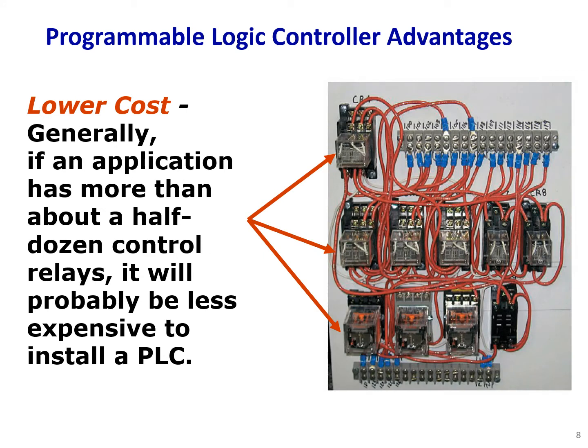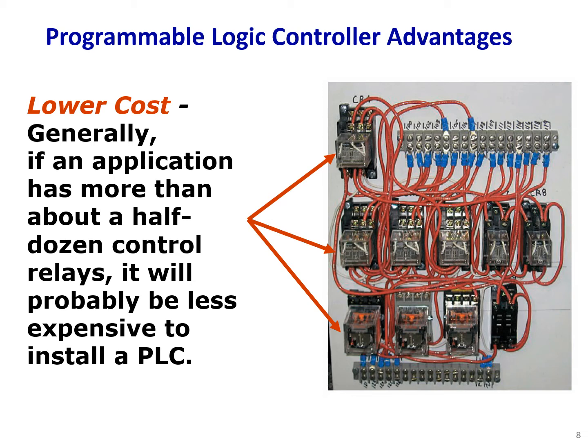Another advantage of PLCs over relays is lower cost. Generally, if an application has more than about a half dozen control relays, or 6 relays, it will probably be less expensive to install a PLC.